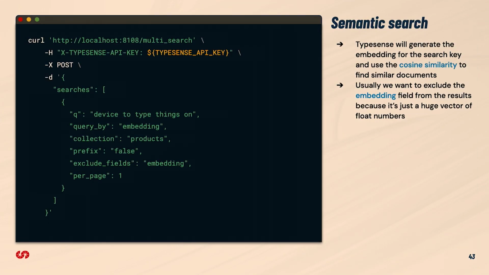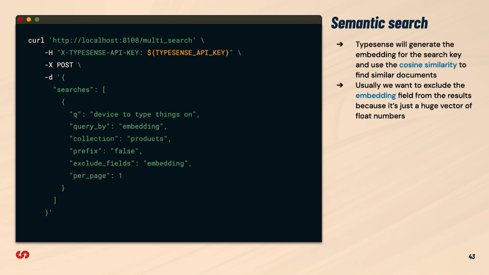And then, this is the example using REST, but you can do the same using InstantSearch or a library. You can send a query to the server saying that you're looking for some string, some query, and you're looking for results in the embedding field, that is a field that contains the vectors.